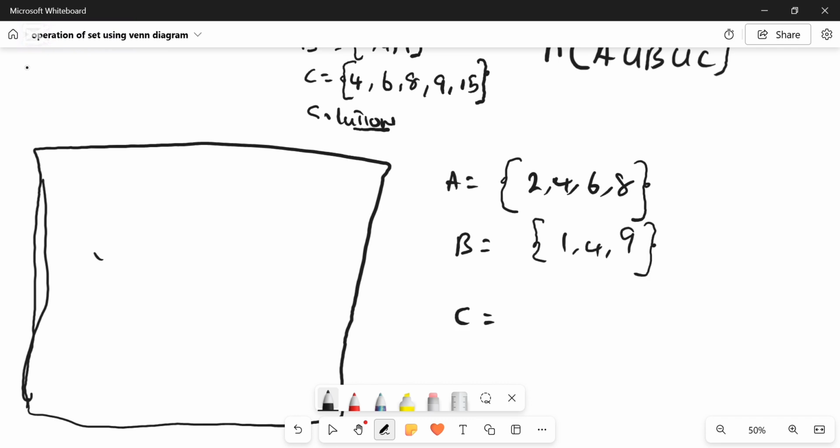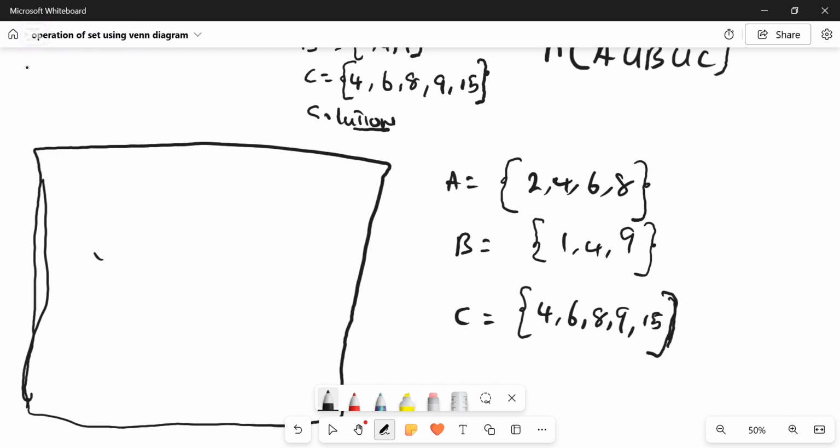The elements in C are 4, 6, 8, 9, and 15. Please ensure you solve alongside us so that you don't have any difficulty. Remember, the best way to understand anything is by practice. So when you solve alongside us, you are practicing.